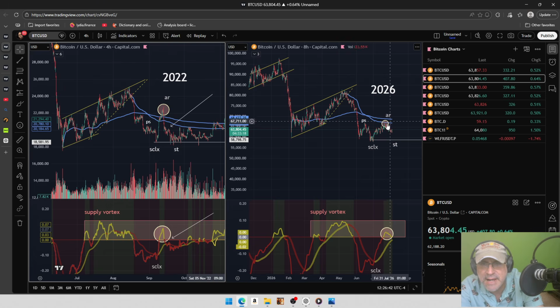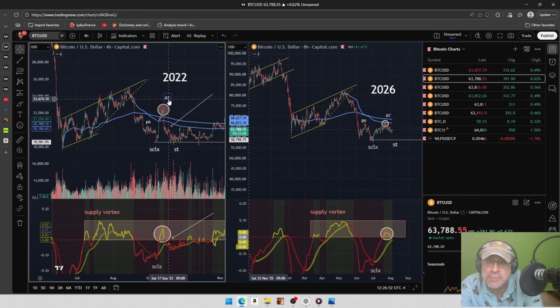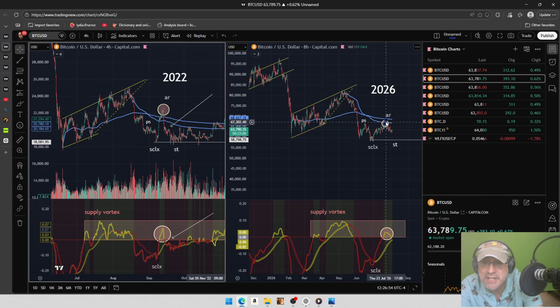We had the automatic rally point here. In 2022 it went above the VWAP pocket, and here we were beneath it, so 4 years ago was much more aggressive. Nonetheless, we had a supply vortex in the same area, and we had a rejection.